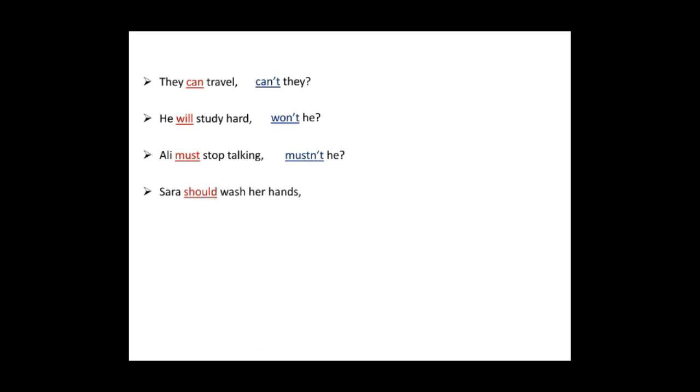Sarah should wash her hands. Shouldn't she? Ali can't walk. Can he? My friends won't meet at the club. Will they? My friends, turn it into the subject pronoun, so it's they.